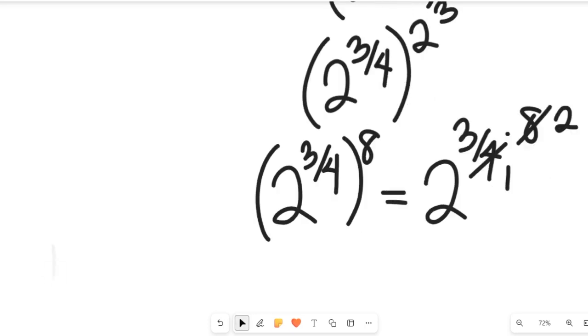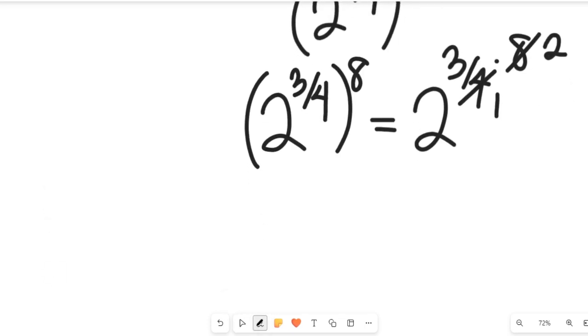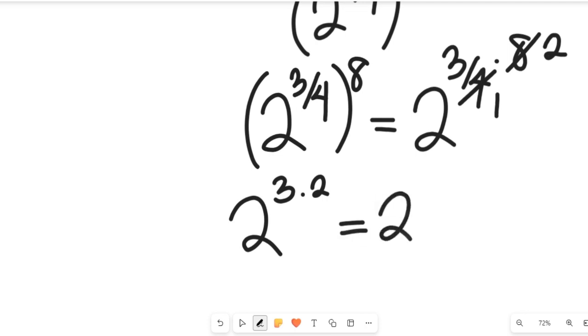So that expression will now give us 2 to the power of 3 multiplied by 2, which is equal to 2 to the power of 6. Now, is 2 to the power of 6 equal to 64? Sure, 2 to the power of 6 is equal to 64.